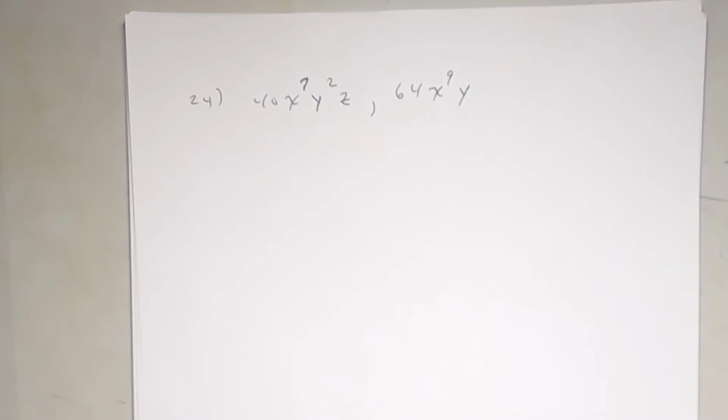The variables are easy. The coefficients, when they become a little bit larger, are harder.